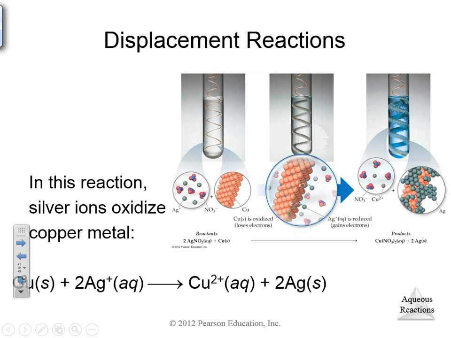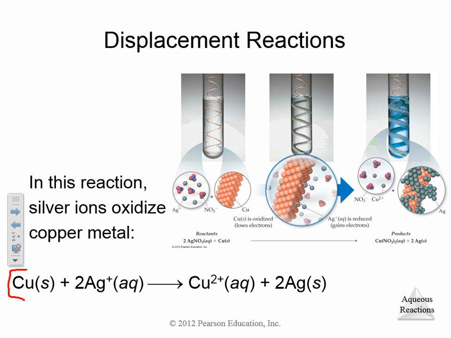So if we look at a quick example here, we have copper, and I'm focusing really on this equation at the bottom. You have solid copper, and you mix in an aqueous silver solution. And what happens is the silver attaches itself to the piece of copper, and you get a reaction where silver becomes a solid and copper becomes the aqueous solution.